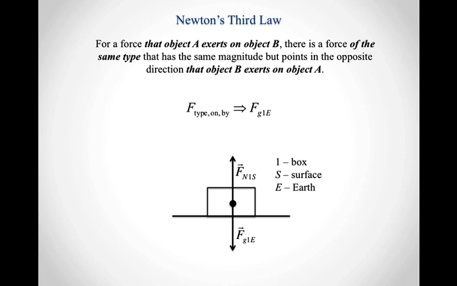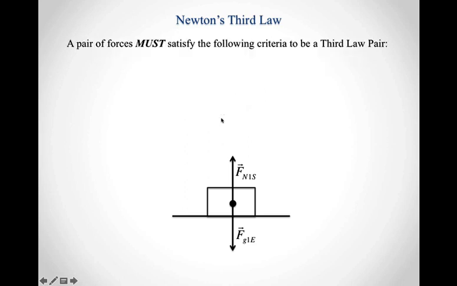To be a Newton's third law pair, one of the important details that we tend to miss is that the type of force needs to be the same. That's a normal force, that's a gravitational force, not the same type of force. And then the indices for on and by need to switch.